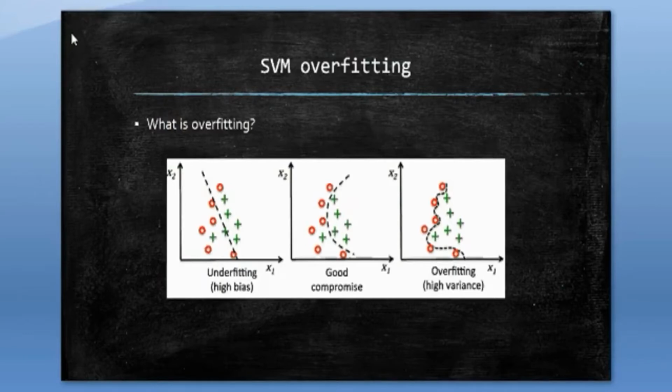So we call this model overfitting. You have to consider how your model generalizes the data and not only look at how it separated the two classes from each other. So overfitting is an important thing that we have to take care of when we make our model.